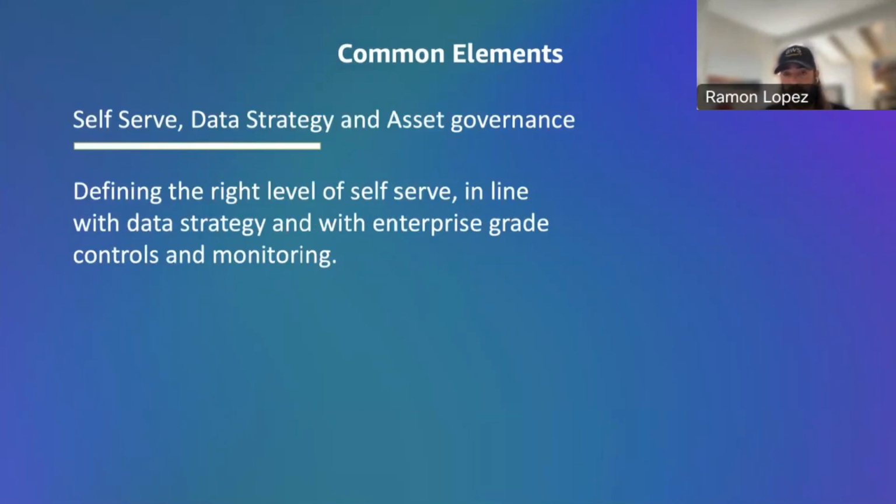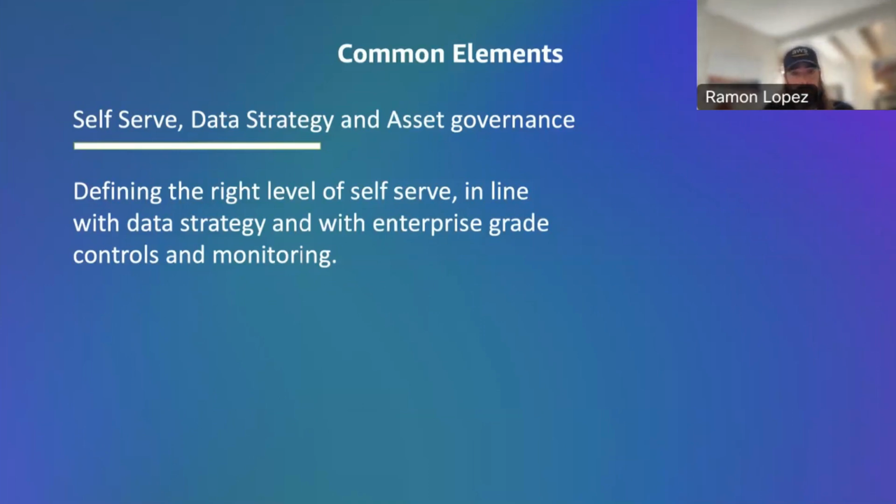Next, another common element that needs to be reviewed, analyzed, and thought through in the organization is the concept of self-serve analytics, and to what level we want to provide self-serve. It's about data strategy: what is our data strategy, and what type of governance do I want to push down to the organization? Do I want to give people free reign, or do I want to control access to the data?